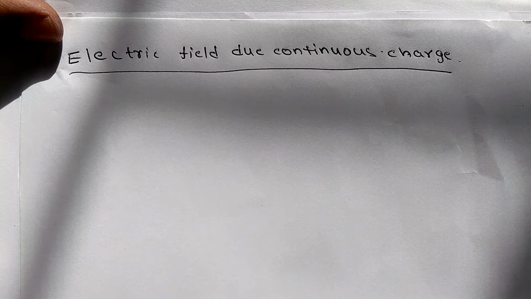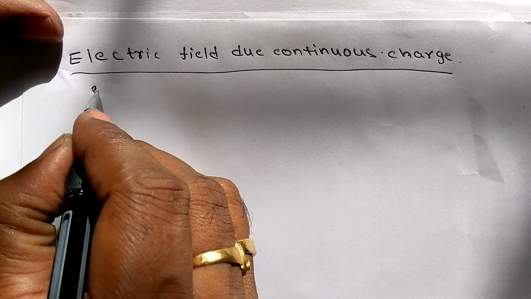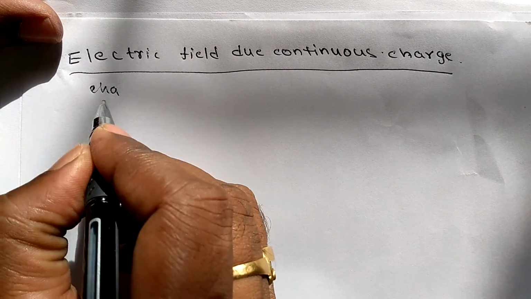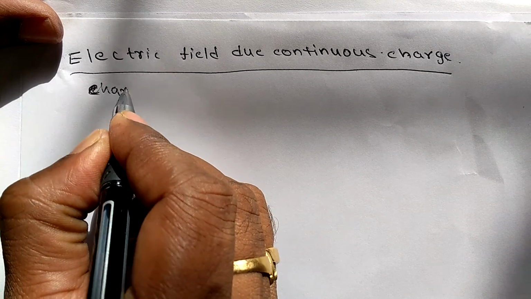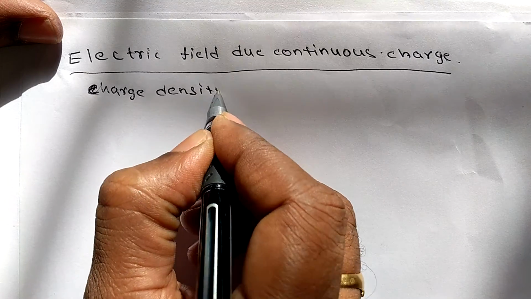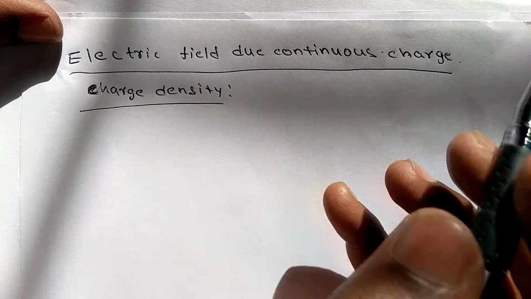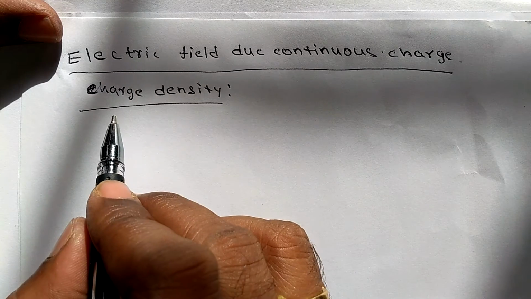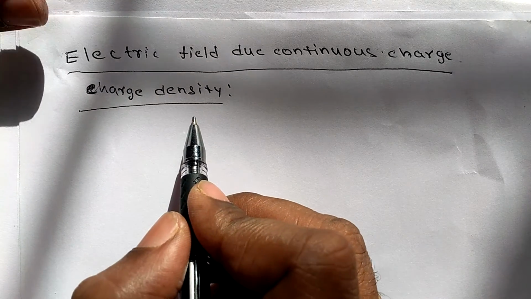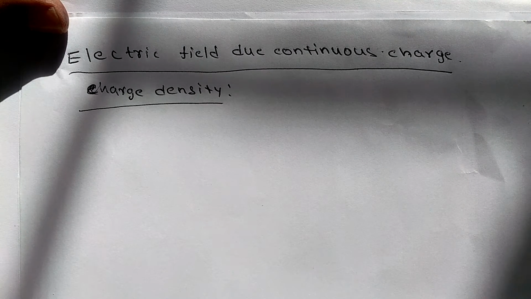To find that, we need a term called charge density. The charge can be given to bodies in three ways. If we give the charge to the body along a single direction, that is called linear charge distribution.